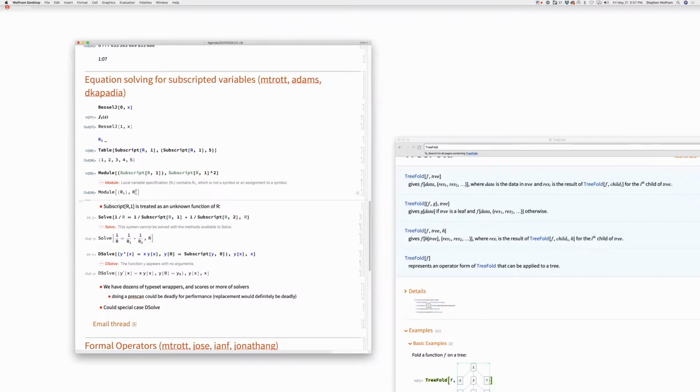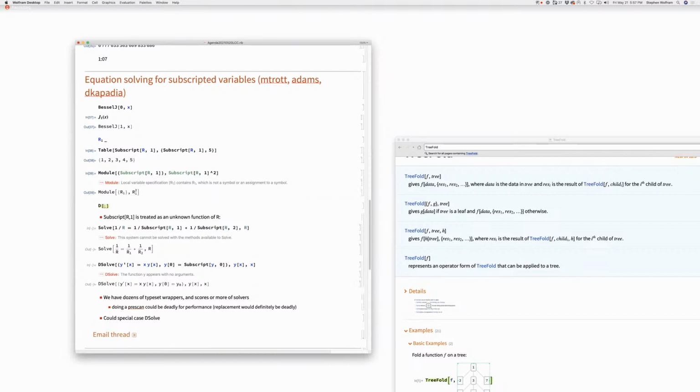But I'm kind of wondering why we don't make these typesetting constructs usable as black box objects.